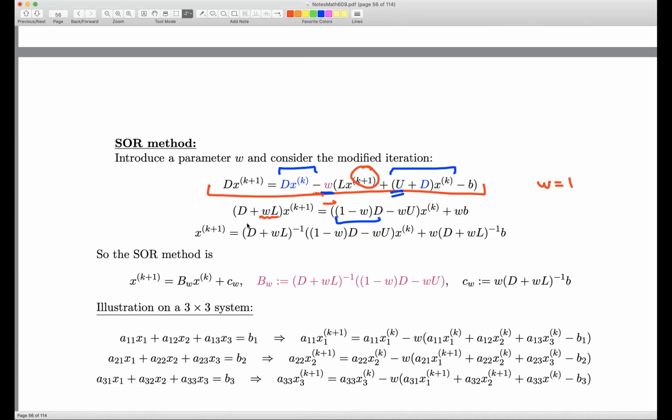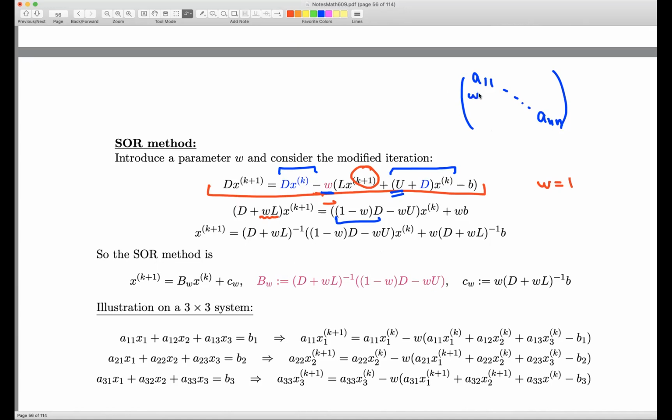And then let me remind you also that if you look at the matrix D plus omega L, how does this matrix look like? Well, D was the diagonal matrix with the diagonal of A, and then L was the lower triangular matrix that has all the elements of A strictly below the main diagonal.